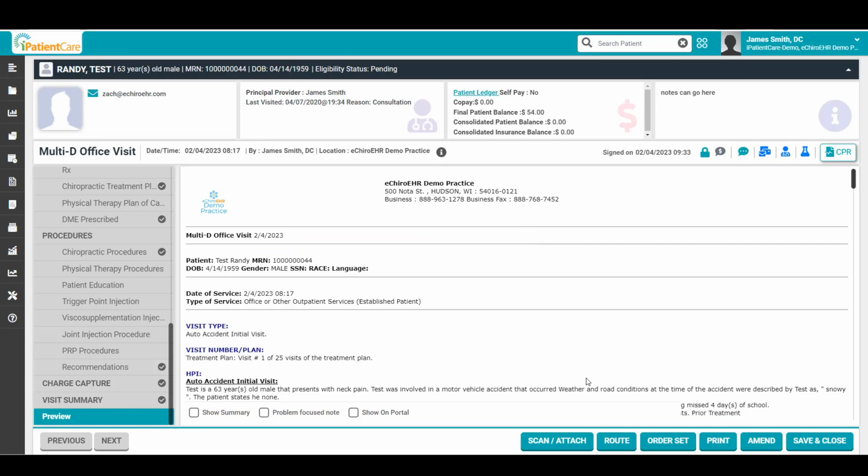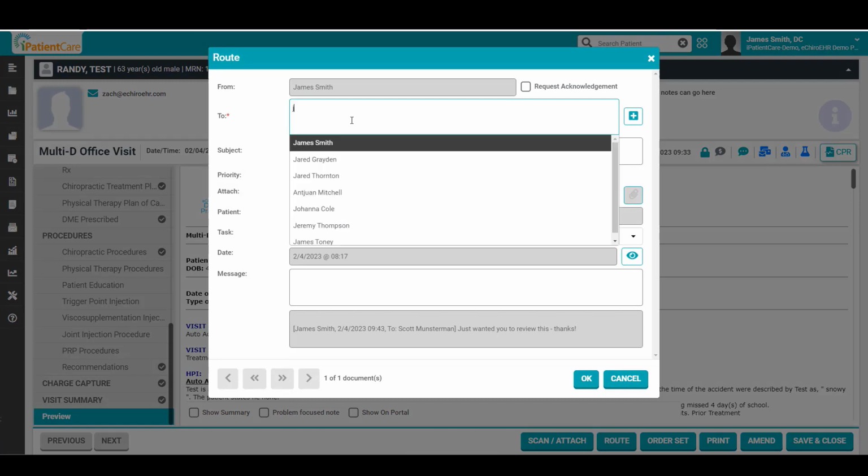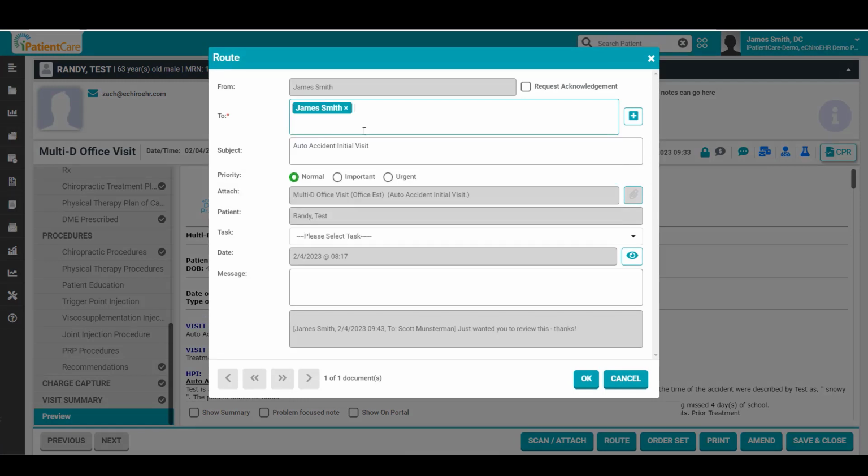We can also route a note, and so we'll simply click on route, and we'll go ahead and route this to James Smith. We can request acknowledgement. You'll see that it automatically populates the visit type in the subject line.